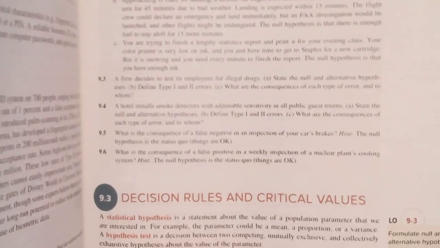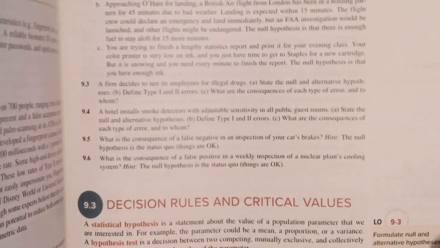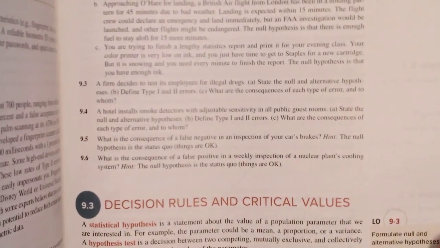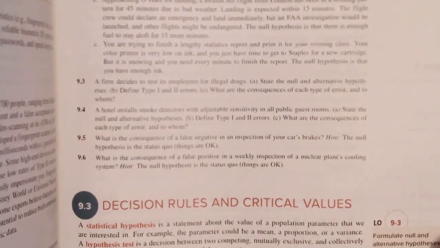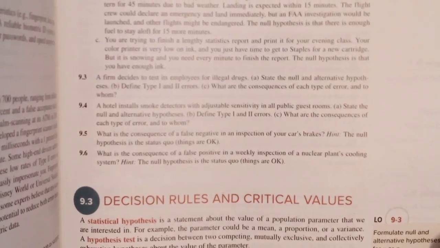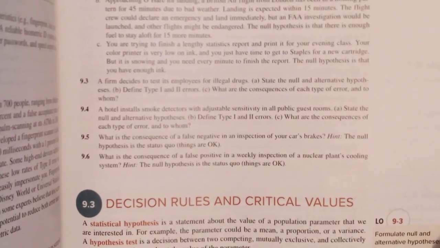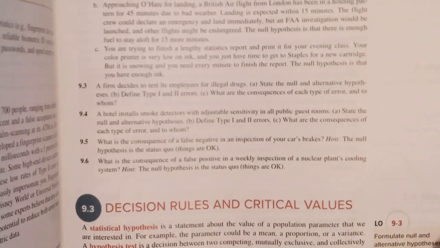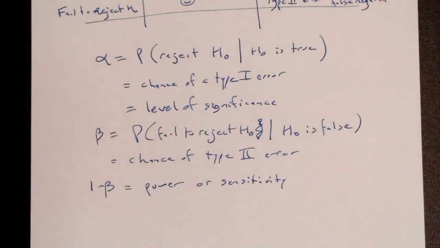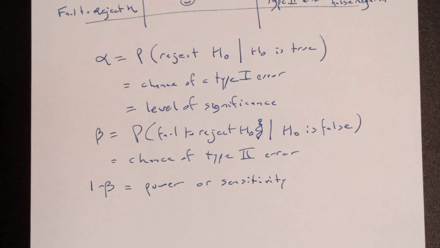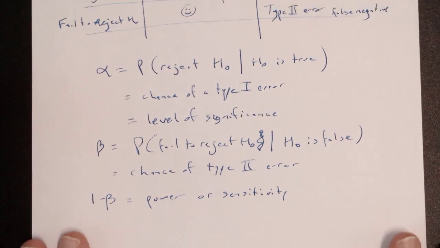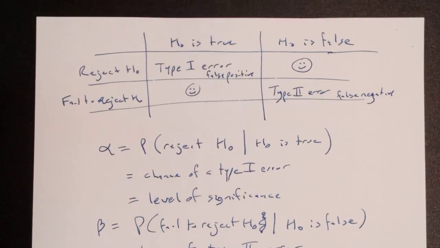Problem number 5. What is the consequence of a false negative in an inspection of your car's brakes? Please note it says right here, the null hypothesis is the status quo. Things are okay. So, the null hypothesis, your brakes are fine. What is a type 2 error in that situation?